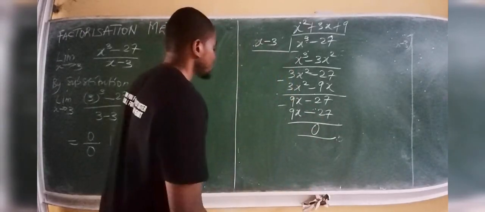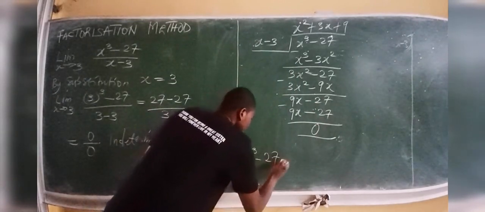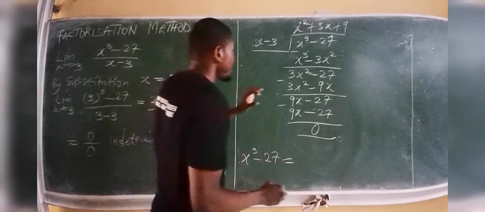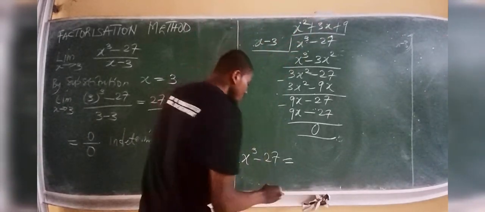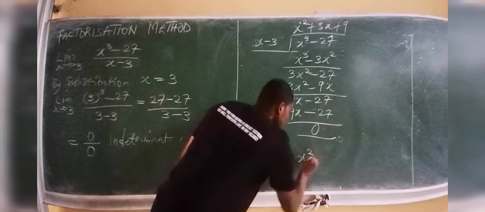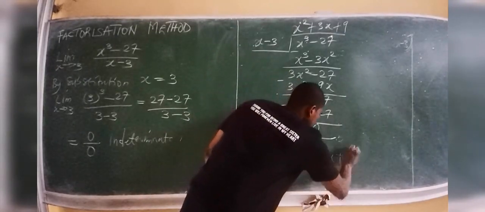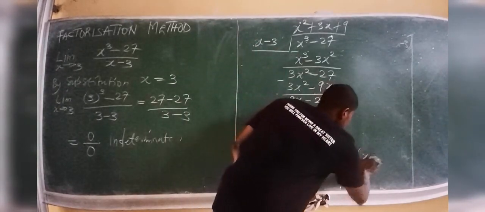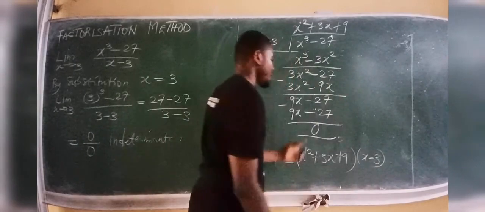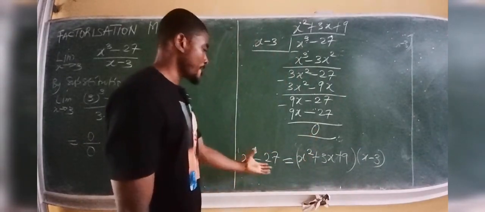It means now that the factors of x cubed minus 27 are, remember, the quotient multiplied by the divisor. So that becomes x squared plus 3x plus 9 multiplied by x minus 3, plus the remainder, and the remainder is 0. So this becomes the factors of x cubed minus 27.